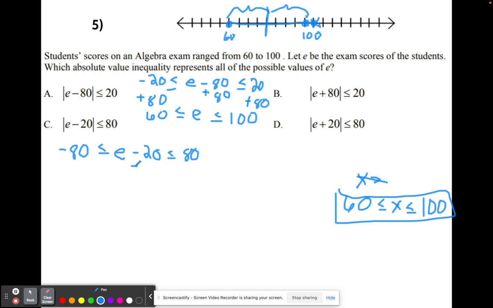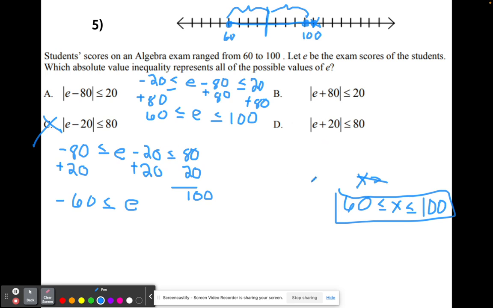And the right side, when I add my 20, will give me the correct upper limit of 100. But you'll notice that if I add 20 to the left side, I end up with negative 60. And that is not within my range. X is not greater than or equal to negative 60. So this one didn't work.